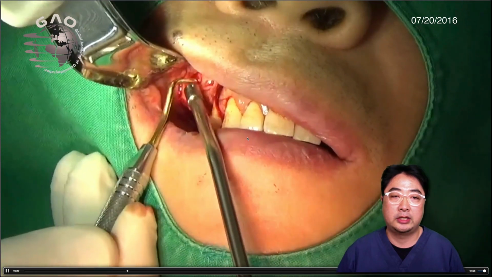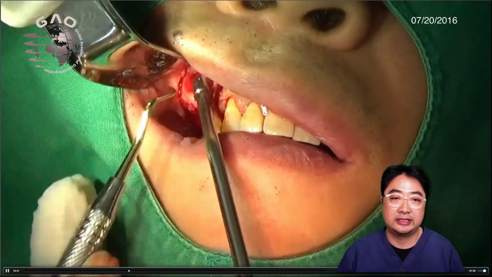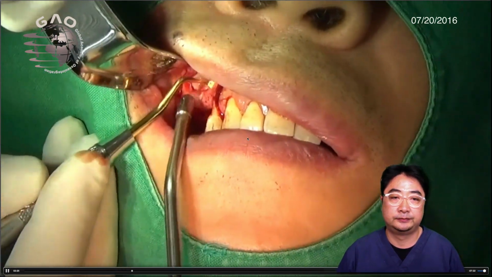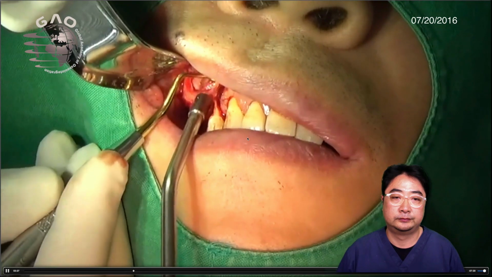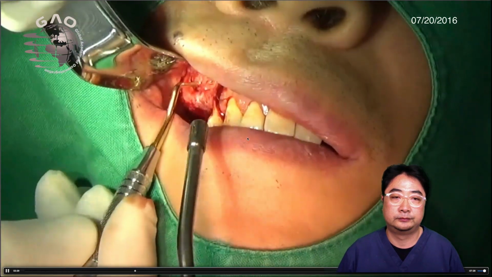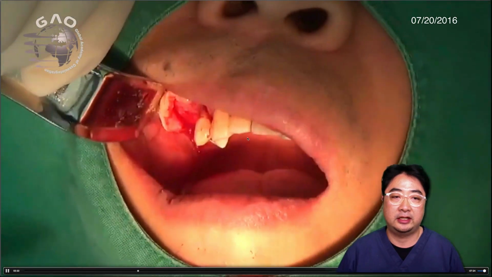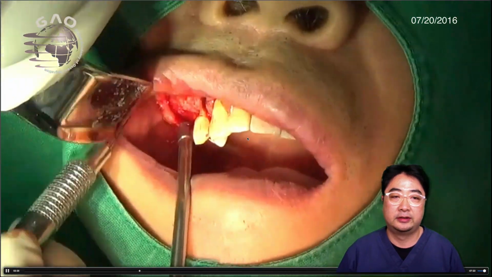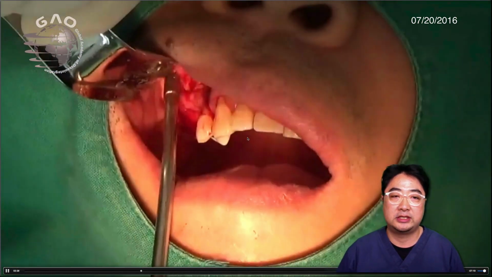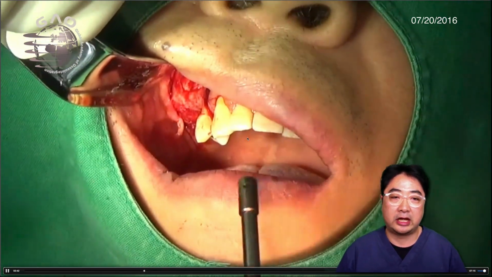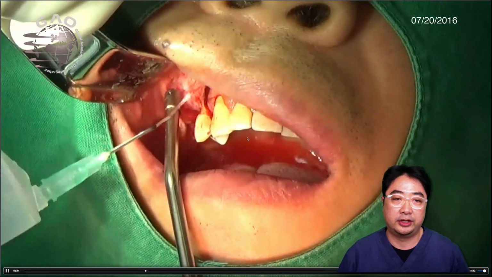So what I'm doing now is dissecting the medial and distal area. This FLIR elevator is included in the SLA kit from Neobiotech. Once I finish the medial and distal, I'm going to go downwards, to the lower area.